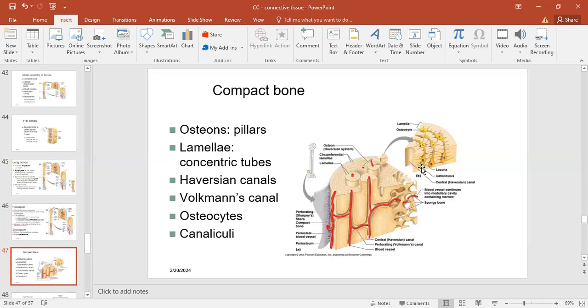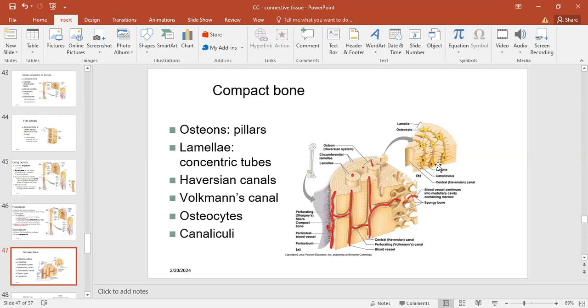Each space where there's an osteocyte is known as a lacuna. And these osteocytes, there are a lot of them, and they have processes. If you can see, they have all these foot processes, and they communicate with one another.